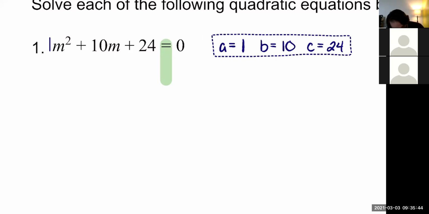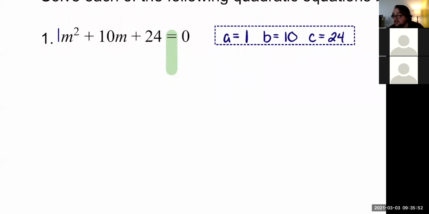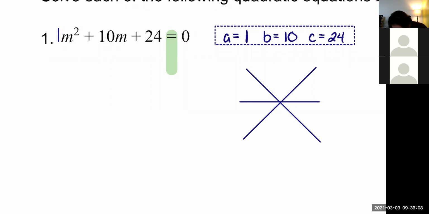So these are the values that we used yesterday for that asterisk method that we introduced. Now, I didn't provide asterisks today because not every single equation we solve will necessarily need one. But if you're ever trying to come up with an asterisk, my suggestion is just draw an X and then follow it up with drawing a horizontal line through it.